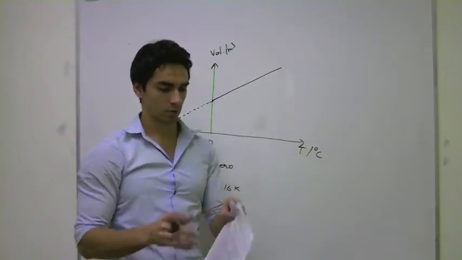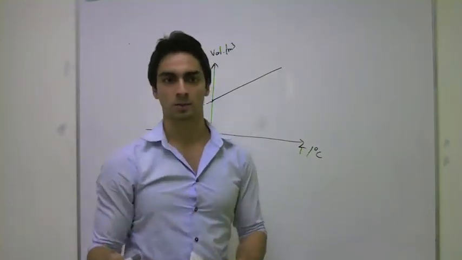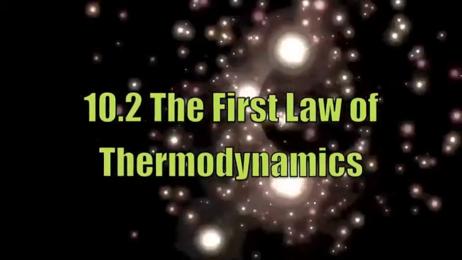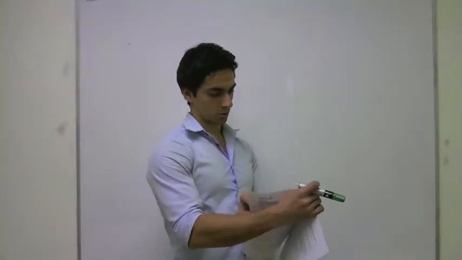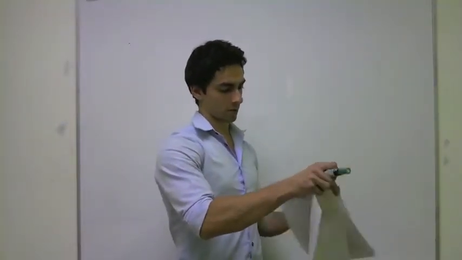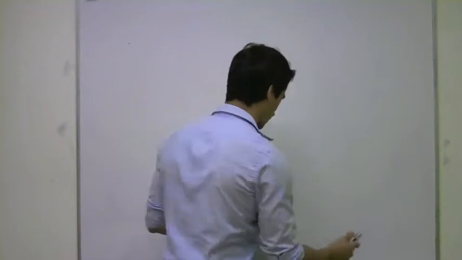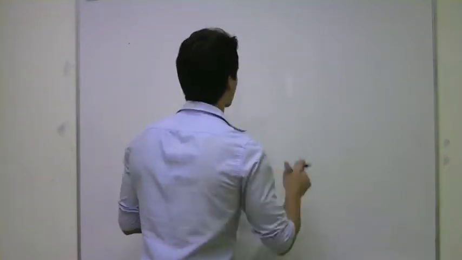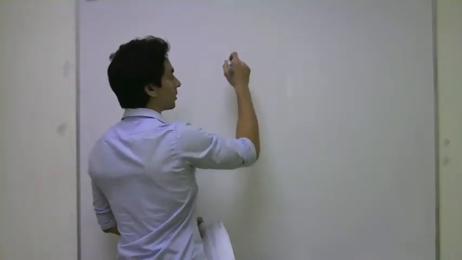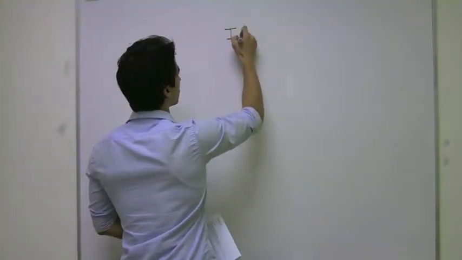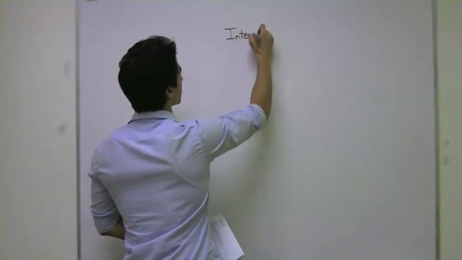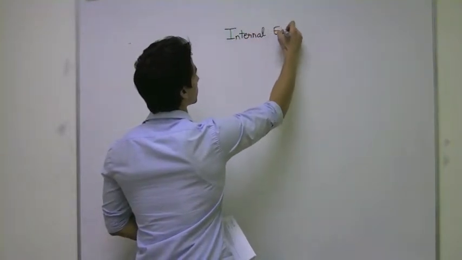Then we move on to the first law of thermodynamics. Okay, 10.2 is to do with the first law of thermodynamics. Now, any gas, solid or liquid consists of internal energy.